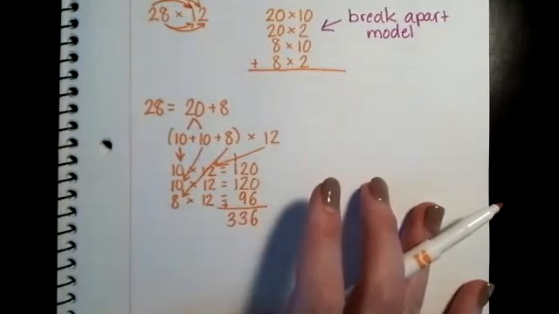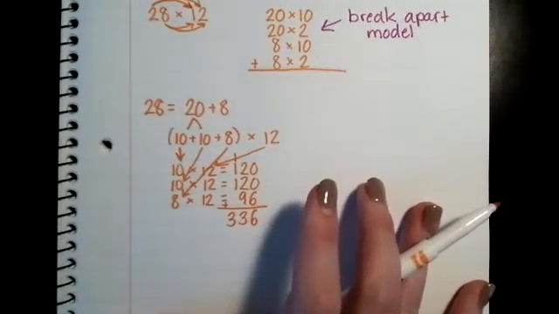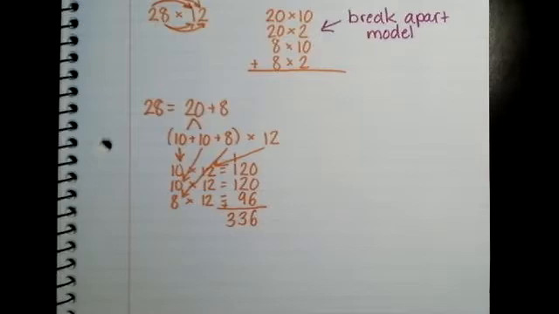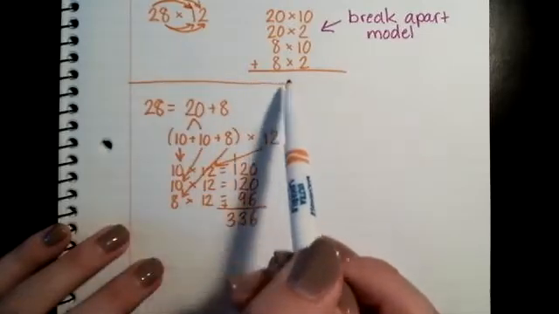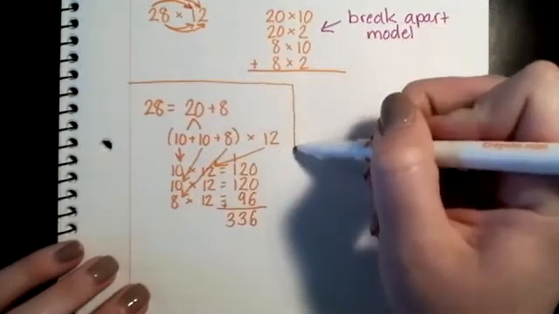Okay, now another way I could do this, let's see, there's other ways to break this apart. I see another way. So I'm going to try and close this off from my other work so they don't get mixed up.